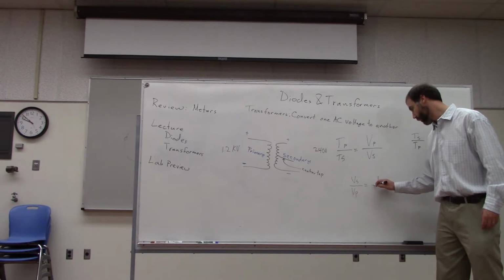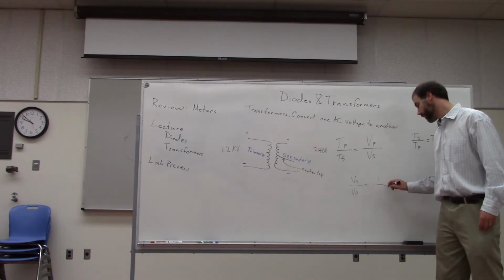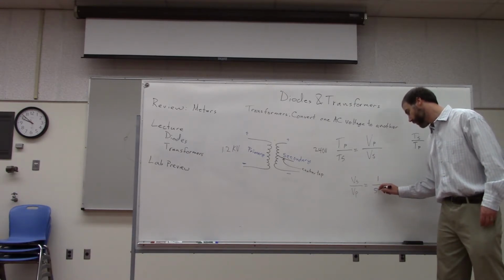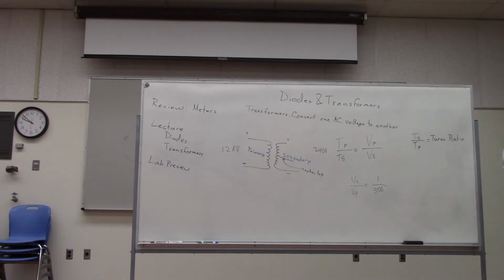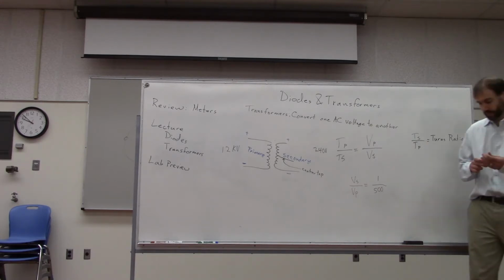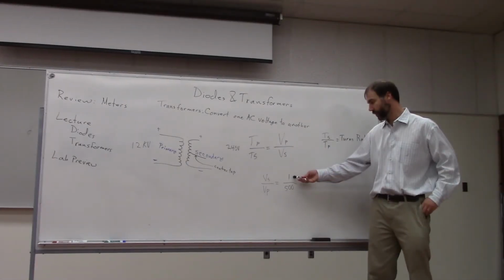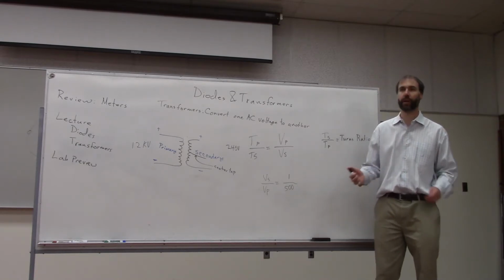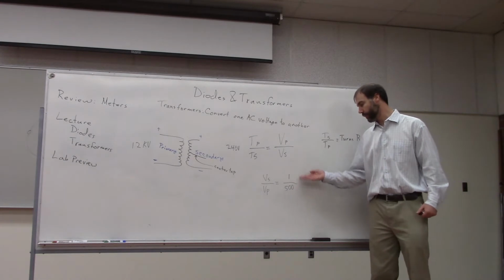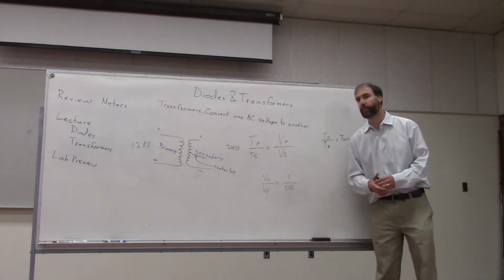So for every turn on the secondary, you would have 500 turns on the primary. So if you have 100 turns on the secondary and 50,000 on the primary or something like that, as long as you maintain this ratio, you would be all set.